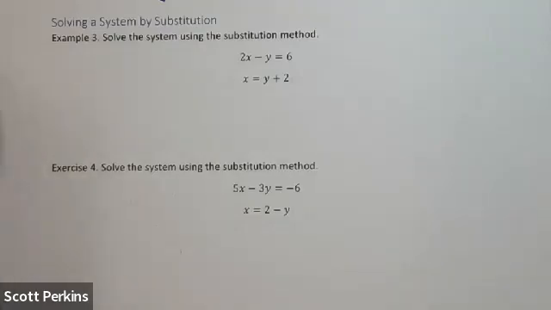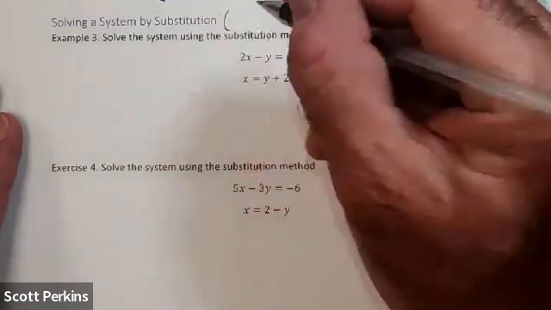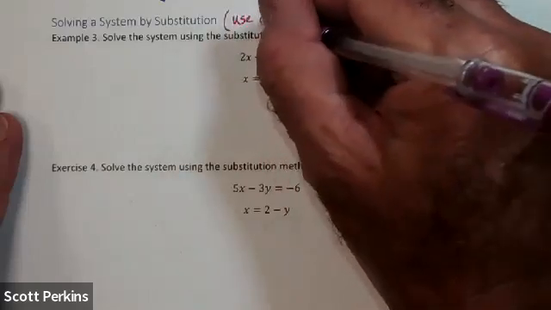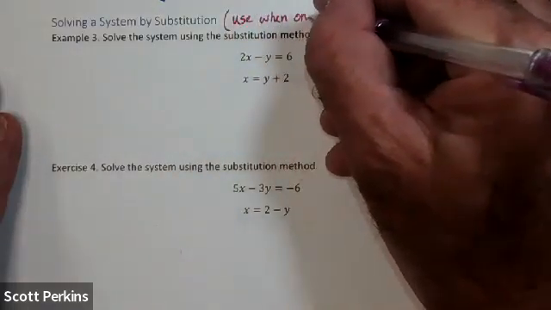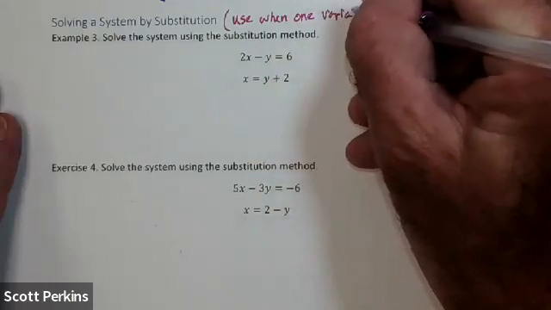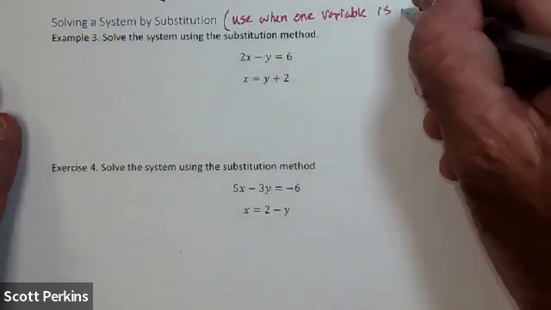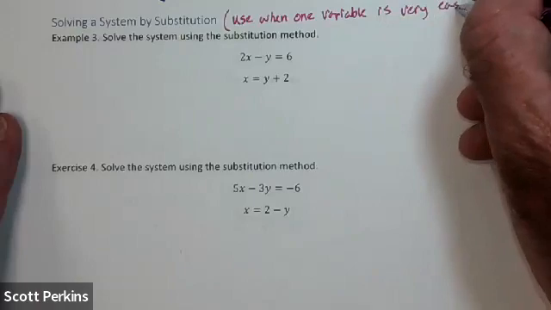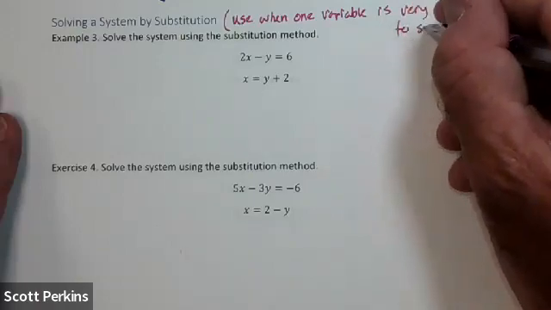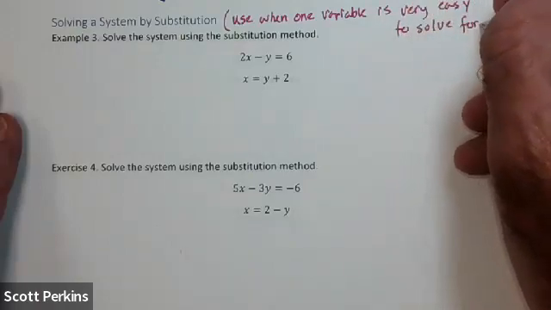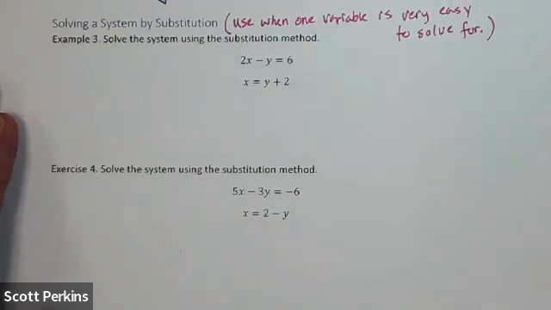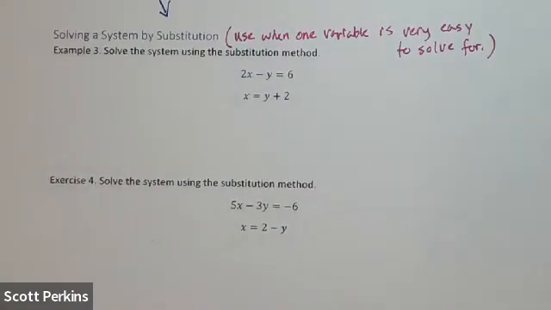So what I recommend is you use this thing called the substitution when one variable is very easy to solve for. And by easy, I kind of just mean one step, where there's not anything to divide by. Substitution is best used when a variable is easy to solve for.